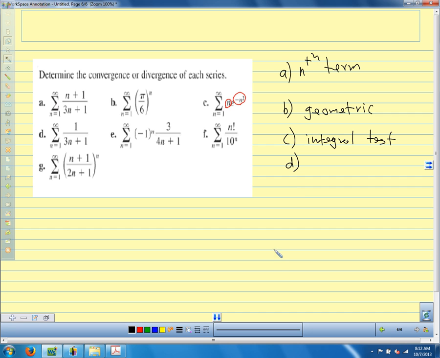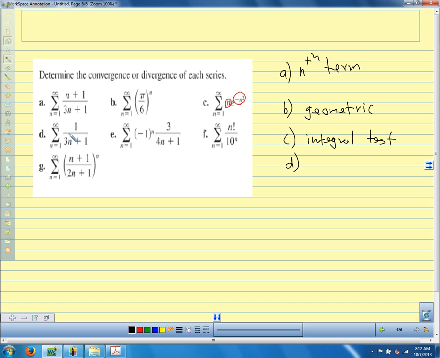How about D? Direct comparison to 1 over n? Is that going to help us? Term by term, how does this fraction compare to 1 over n? Smaller, right?